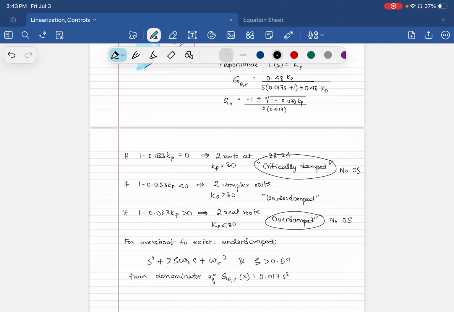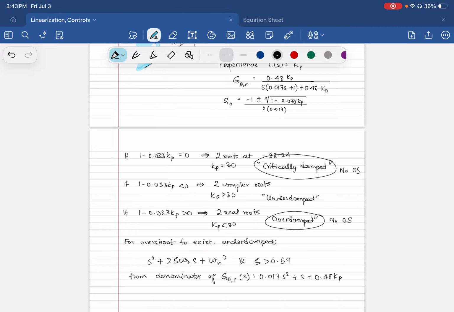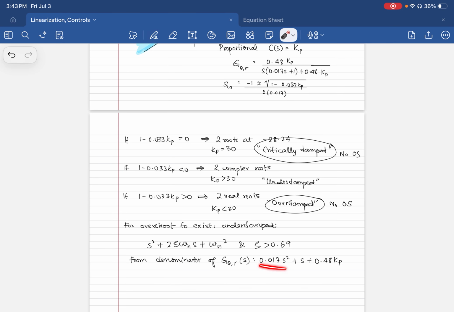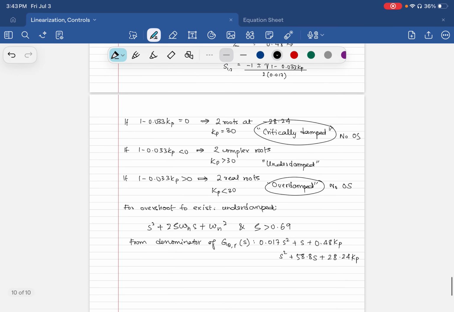0.017 s square plus s plus 0.48 Kp, that has to match this. So to get it to the standard form, I'll have to divide by 0.017. So I'll get s square plus 58.8 s plus 28.24 Kp.